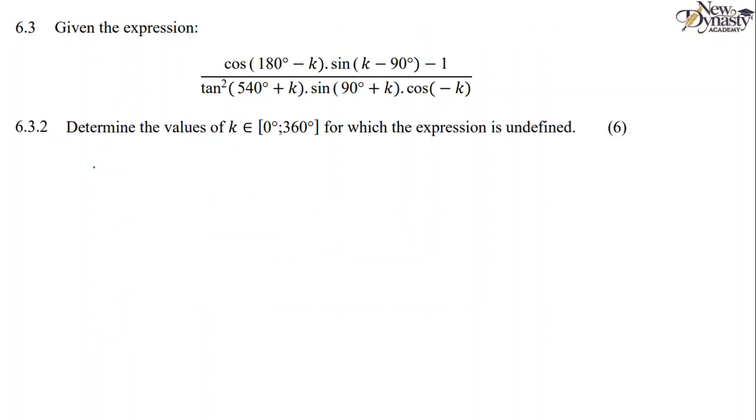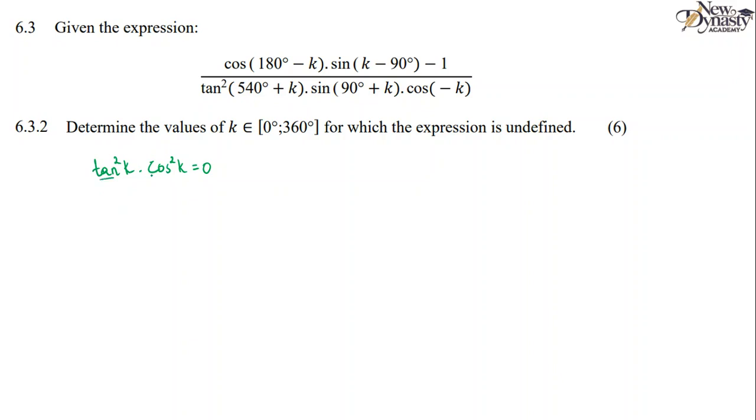That is our simplified version. So we're going to say our denominator, tan squared k multiplied by cos squared k, equals 0. So we have to determine what makes this equal to 0 so that we'll know what is going to make the expression undefined.